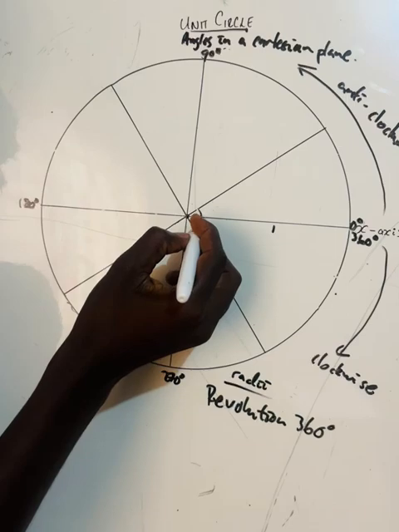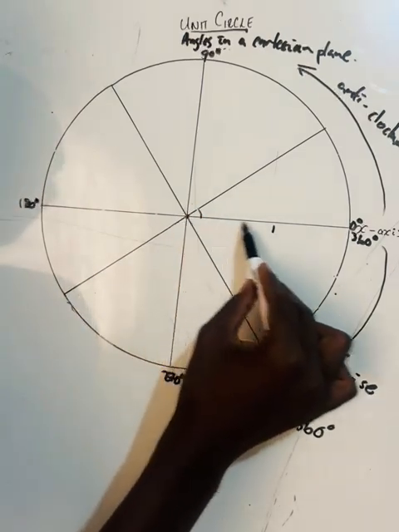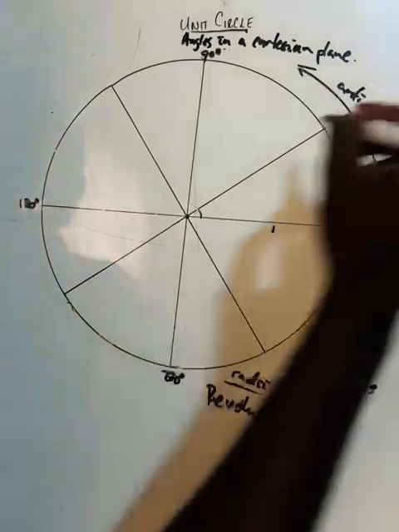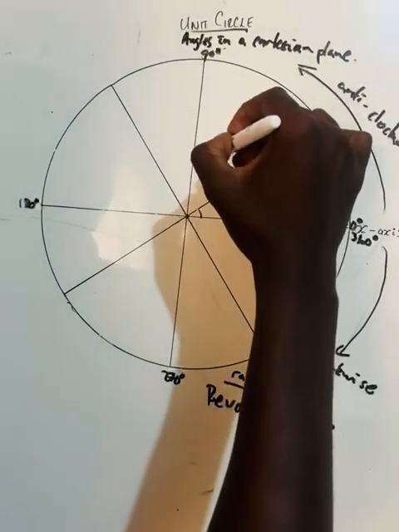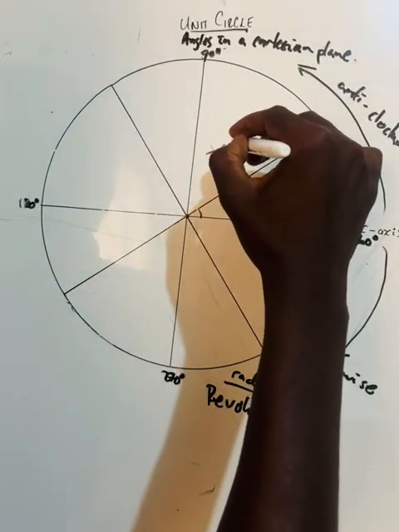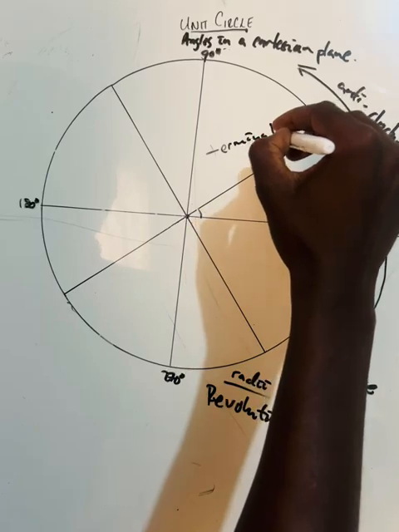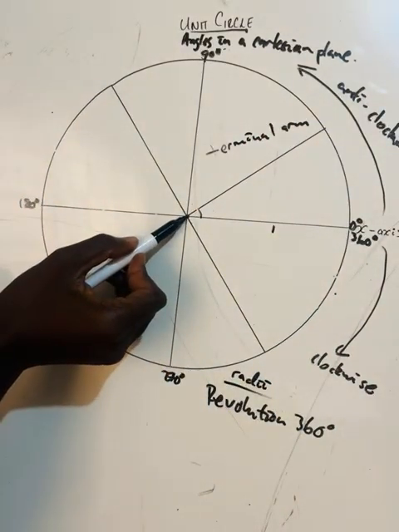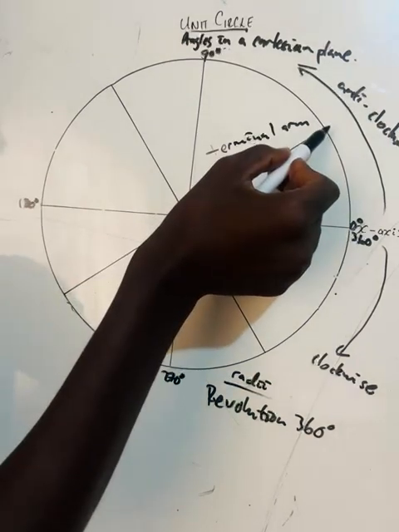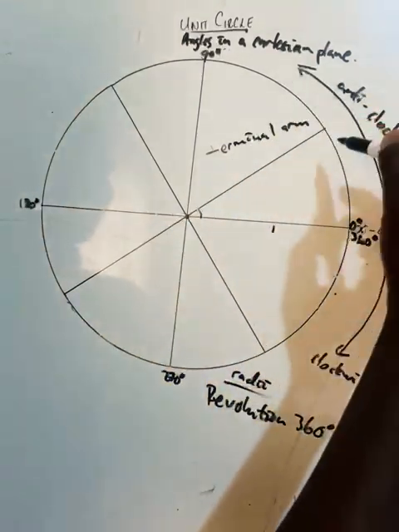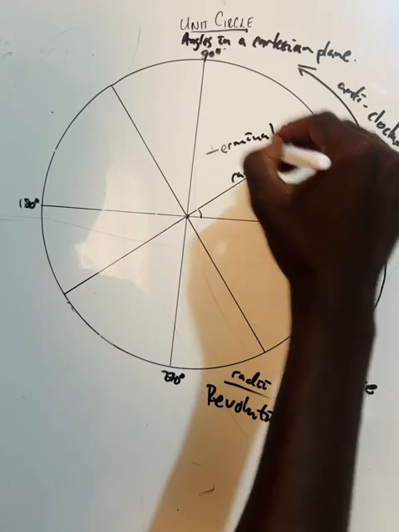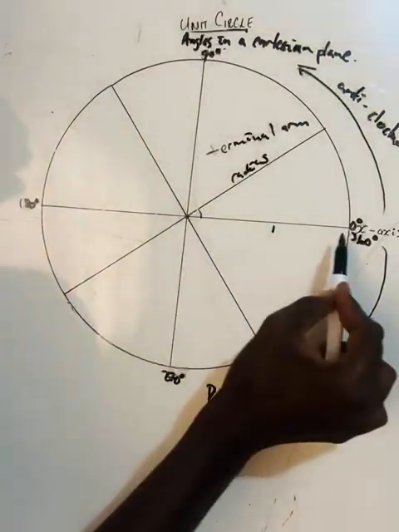So here there is an angle that has been formed by the x-axis and the terminal arm. Because the terminal arm is coming from the point of origin to the circumference, this terminal arm is a radius, right? And we've got this x-axis.